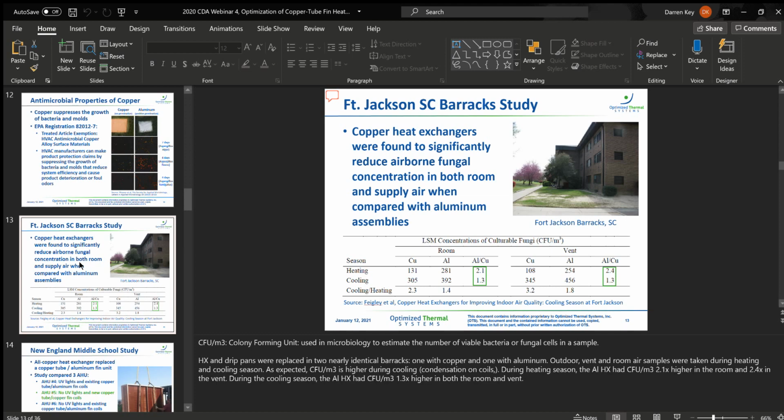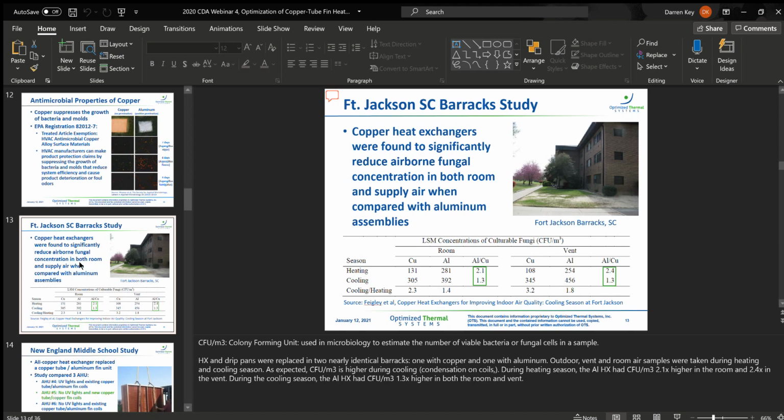In one, they were replaced with a copper assembly, and in the other, with an aluminum assembly. Then, over the course of the study, air samples were taken of outdoor air, vent air, and then room air during both heating and cooling season.